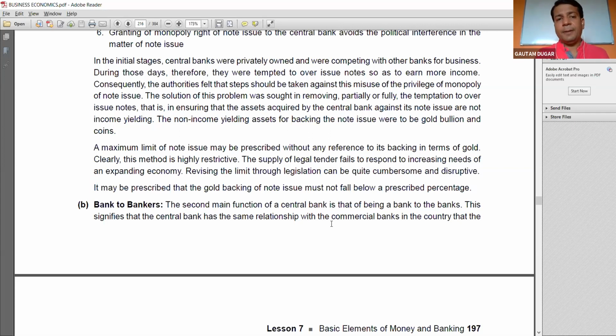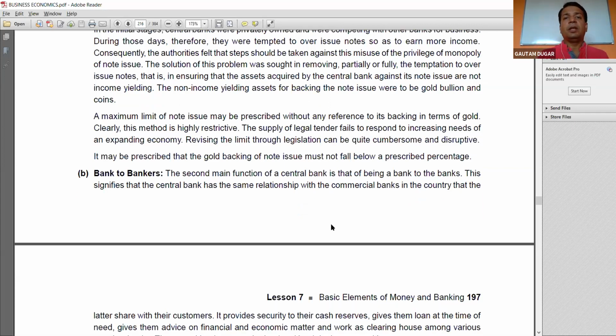Banker to banks. Obviously, you and I open our accounts with commercial banks, and the accounts of commercial banks are maintained by the RBI. You cannot go to the RBI and open your account, but the commercial banks have their accounts with the RBI.